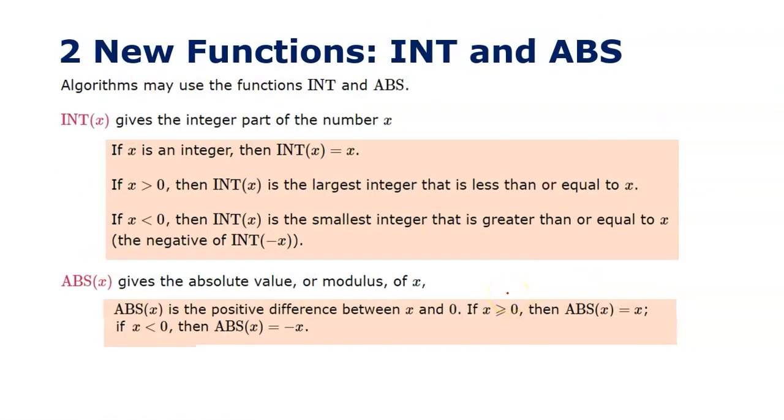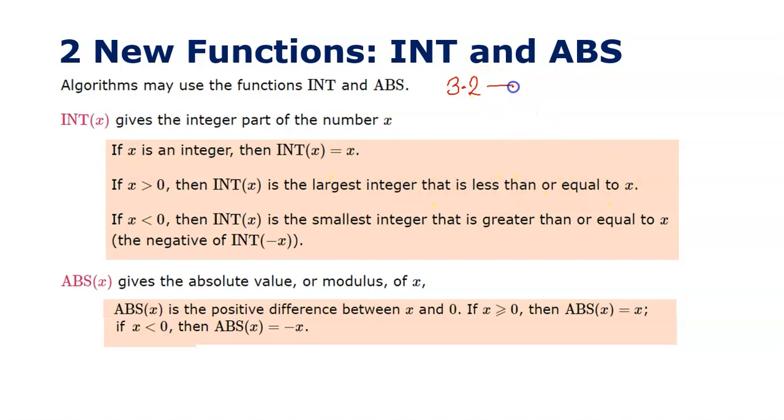2 new functions then. We've got int and abs. Now what int does is, if I have an integer, or even a non-integer, say a number 3.2, it says if x is bigger than 0, then int x is the largest integer that is less than or equal to x.